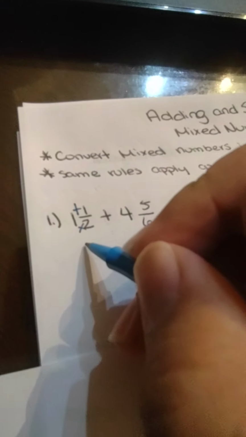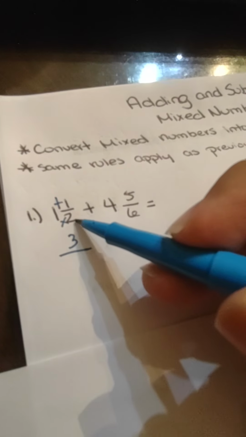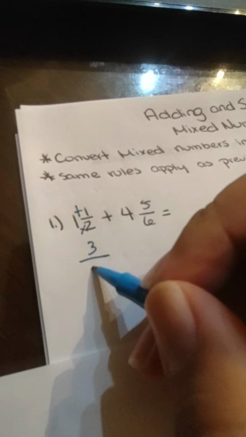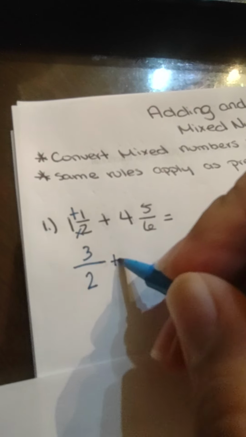So it's 2 times 1, and then I have to add my numerator. 2 times 1 is 2, plus 1 is 3. So I'm going to rewrite it down here. My numerator is 3, and I'm going to keep my denominator. 3/2. That's it. Okay?